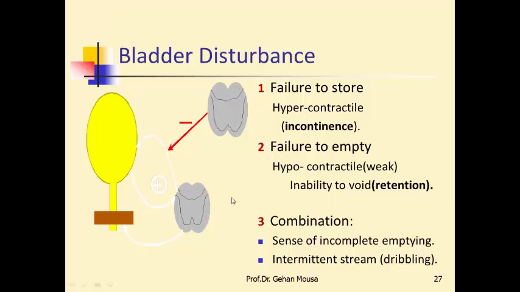This explains the failure to store, which is a hypercontractile or incontinent bladder, failure to empty or hypocontractile due to weakness or flaccidity, resulting in inability to void the urine and retention of urine, or a combination between them.